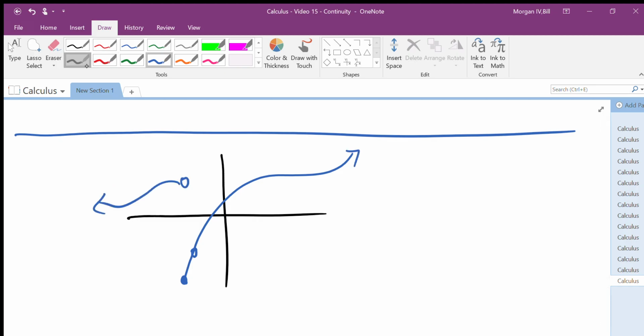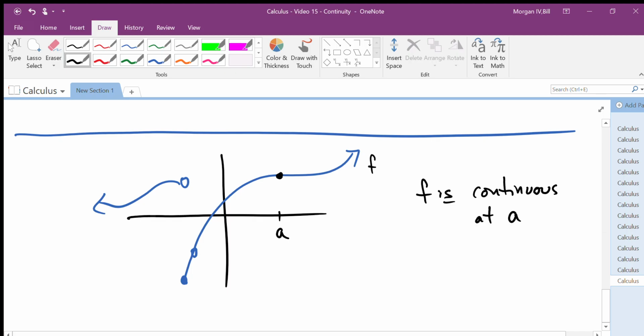But because we're only looking for continuity at a point A, we see that the function is continuous. The y value exists, the limit exists, and those two things are in fact equal. So we see that the function f is continuous at A, even though it's not continuous at other points along the way.